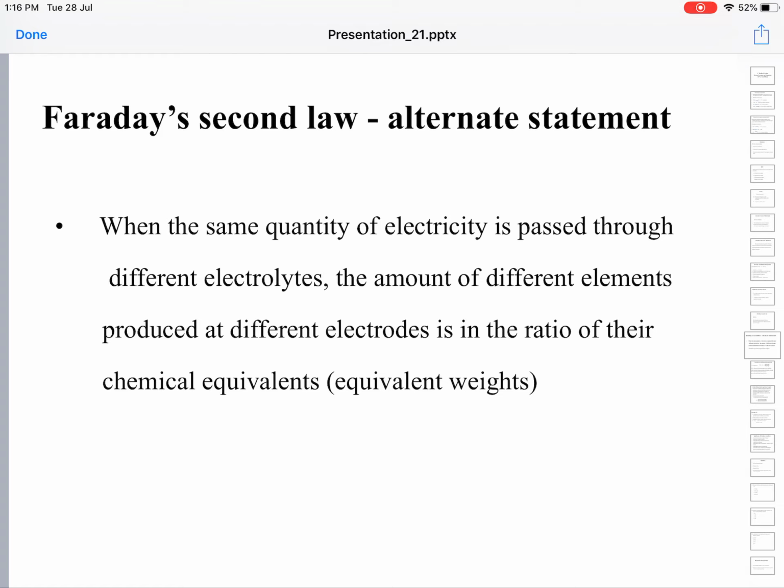Chemical equivalent is nothing but our equivalent weight, the term which we use in solutions. In electrochemistry, the same equivalent weight which we used in solutions becomes chemical equivalent.